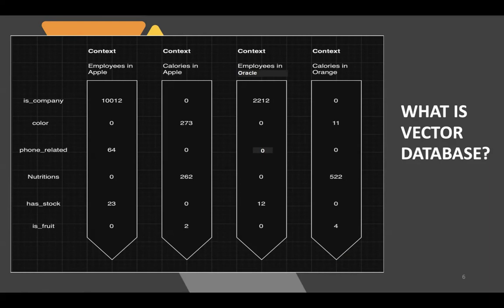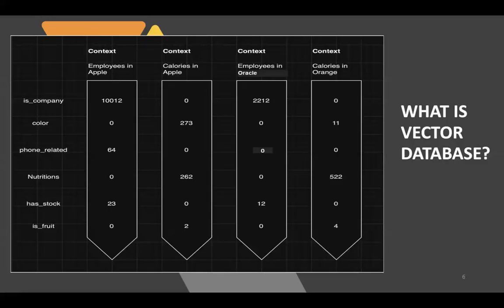Like, for example, in this example, I have certain columns like is company, color, phone related, nutrition, stock, is fruit, etc. So the apple, the fruit will have non-zero values for color and nutrition and is fruit, while apple, the company will have non-zero values for the rest of the fields. So this makes it easy for Google to understand the context of the queries.